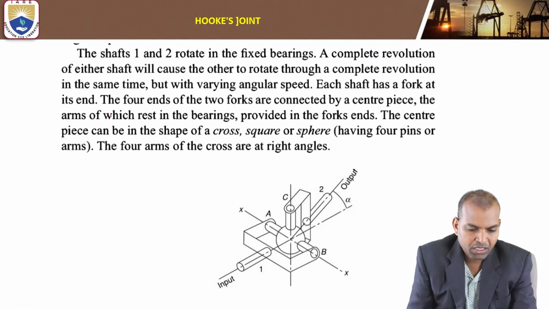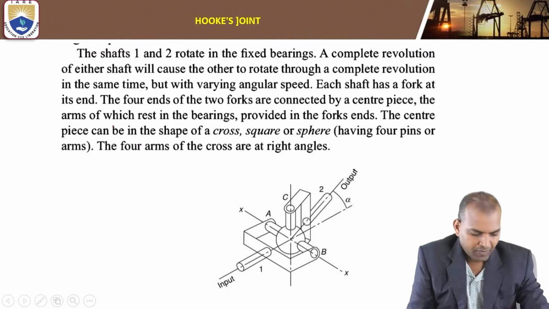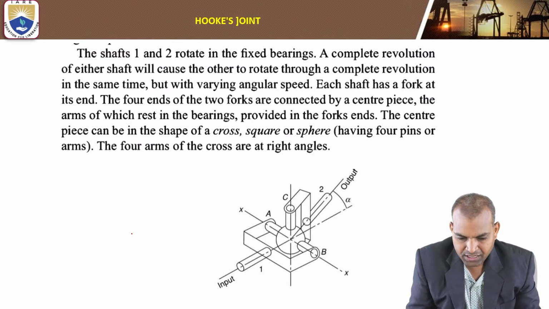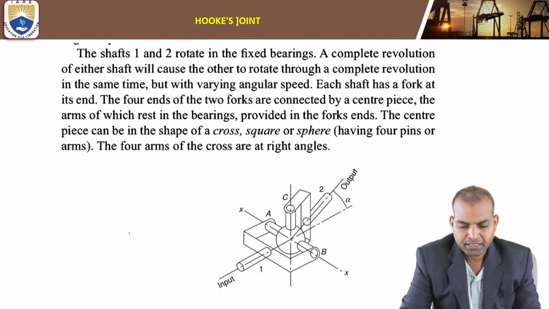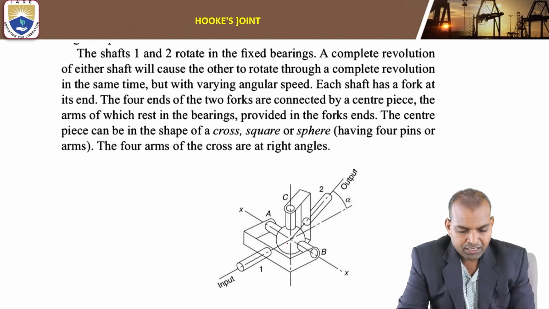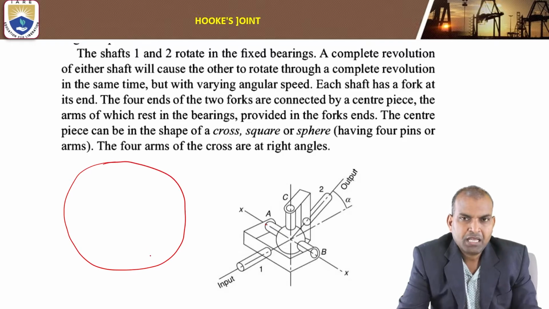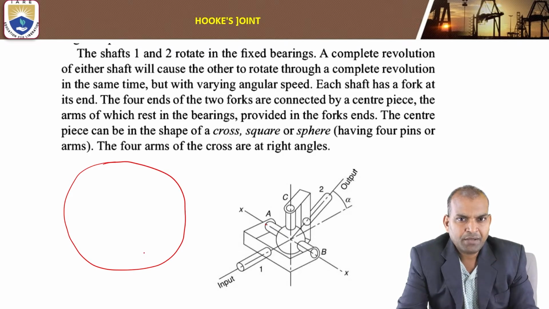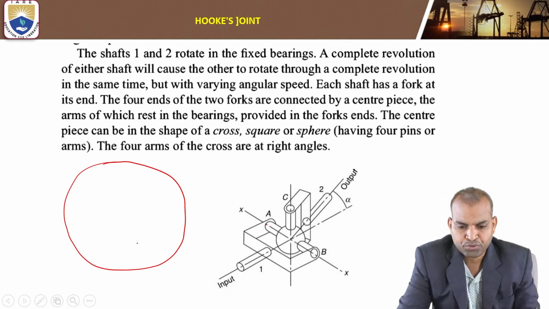Shaft 1 and shaft 2 rotate in fixed bearings. Suppose AB makes a complete revolution in a circular path. At that time CD moves in an elliptical path when viewed from the top view.